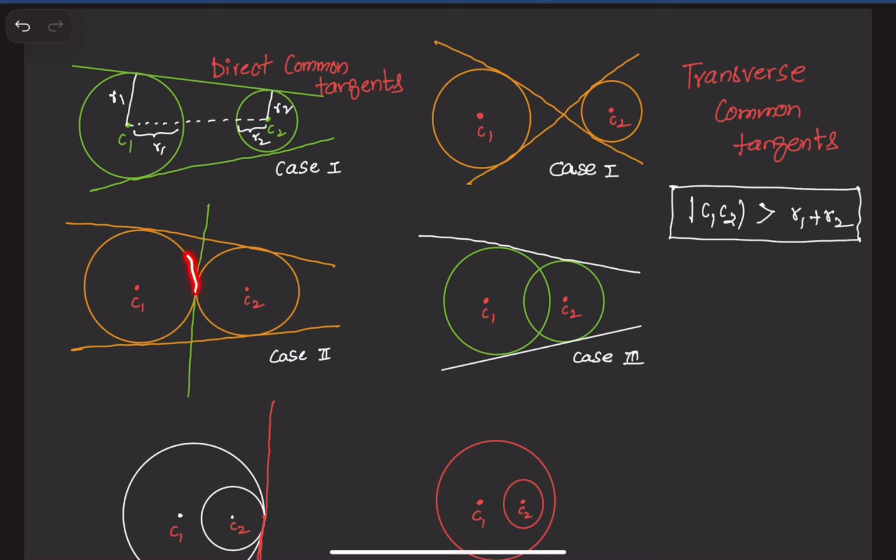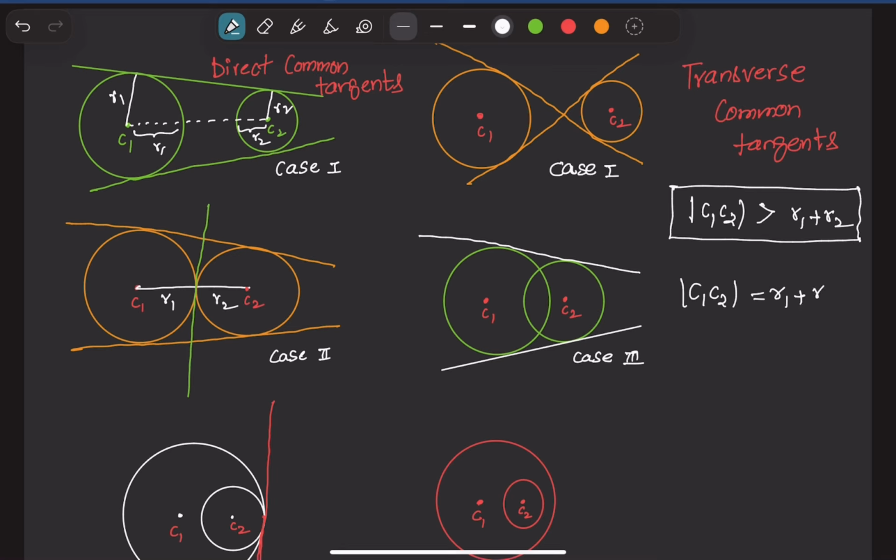So if the circles are touching externally, we'll have two direct common tangents and one transverse common tangent. And in this case, if R1 is the radius of this circle and R2 is the radius of this circle, then the distance between the centers is equal to R1 plus R2.